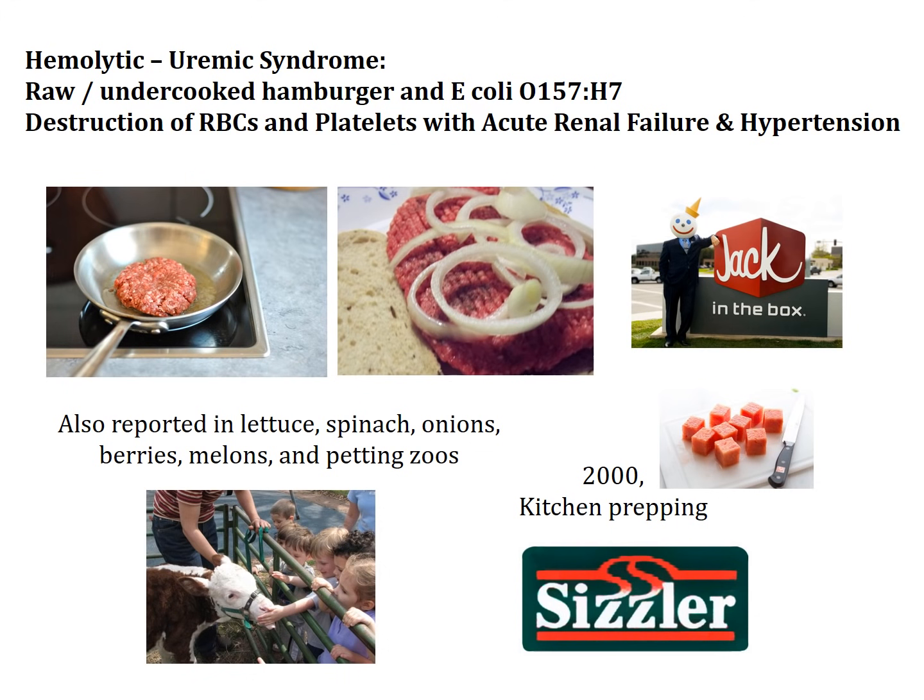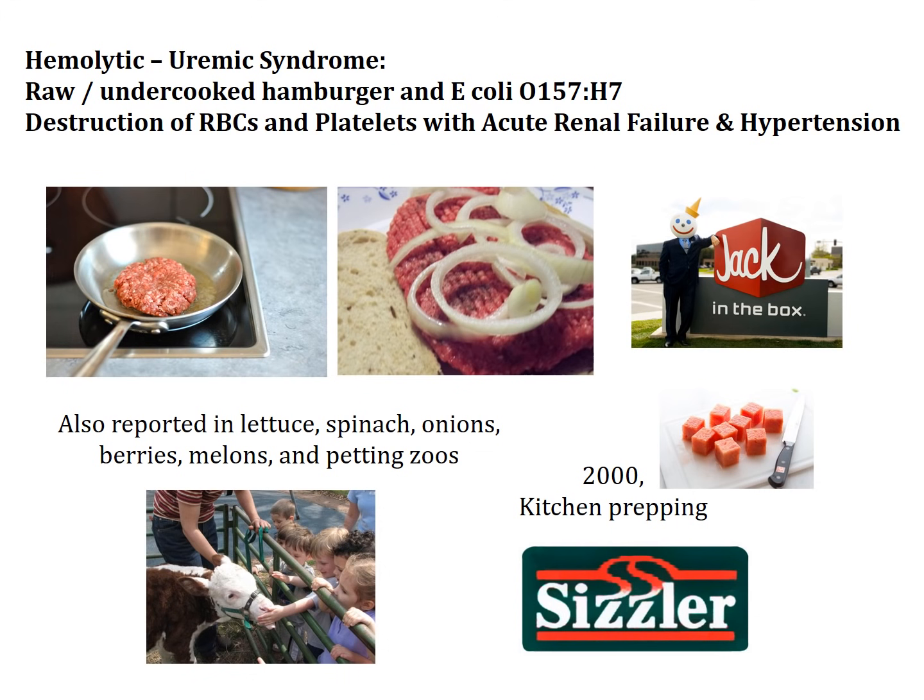HUS, a very interesting disease, which is usually a foodborne disease. So hemolytic uremic syndrome is being exposed to a certain type of E. coli, a specific strain called O157:H7.